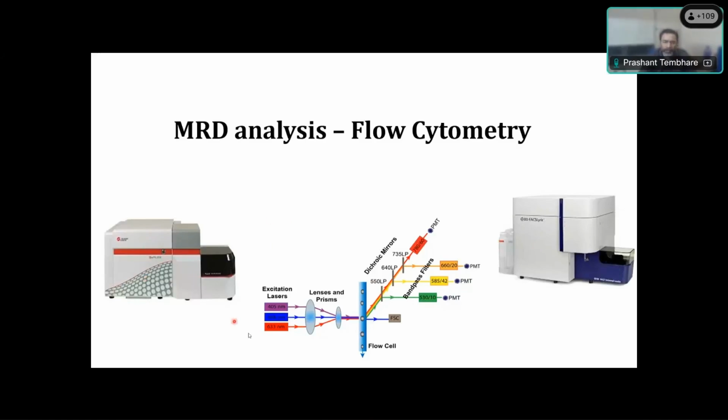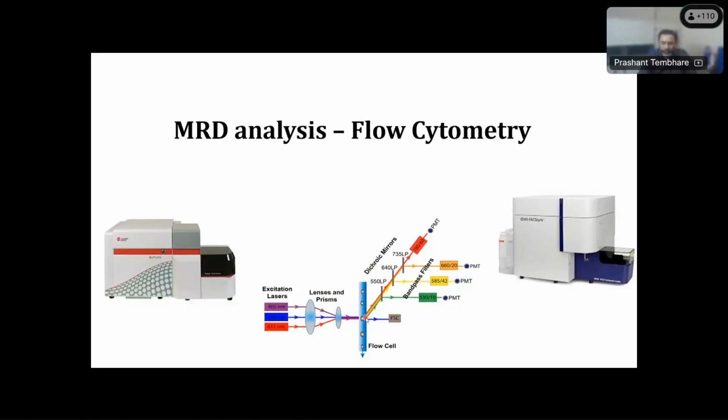Now, what happens in the flow cytometer? You have lasers. Then we have something called the flow cell, and then there is the optical system. We have different cells which go through the flow cytometer, and these cells are focused in front of the laser in a single cell fashion.